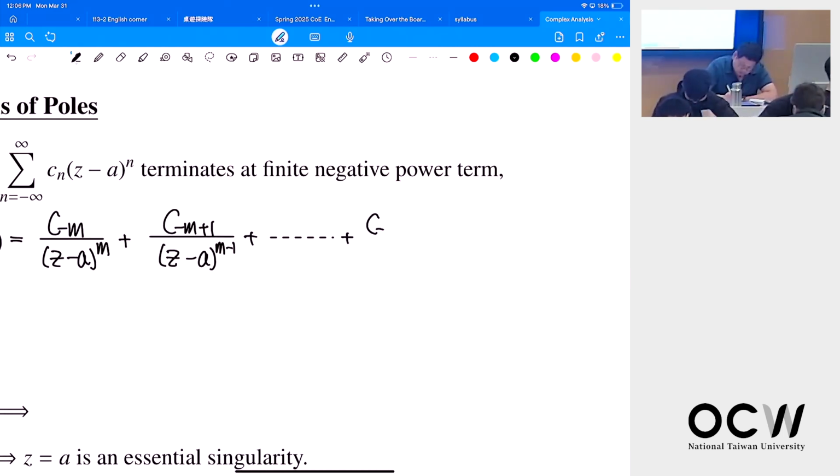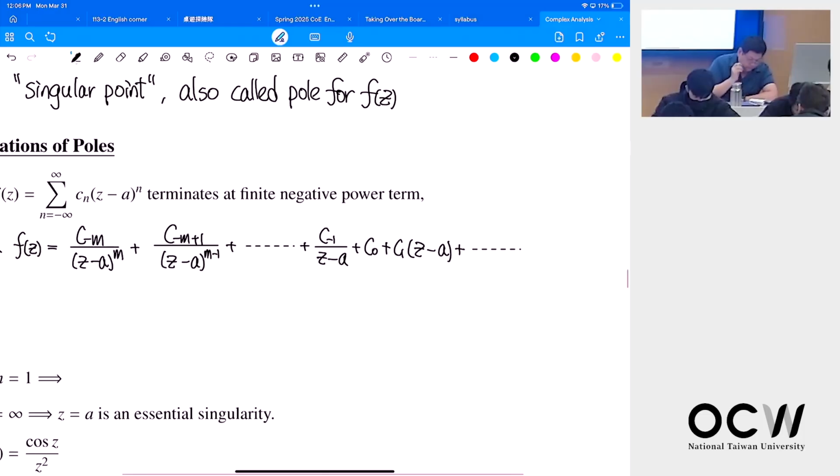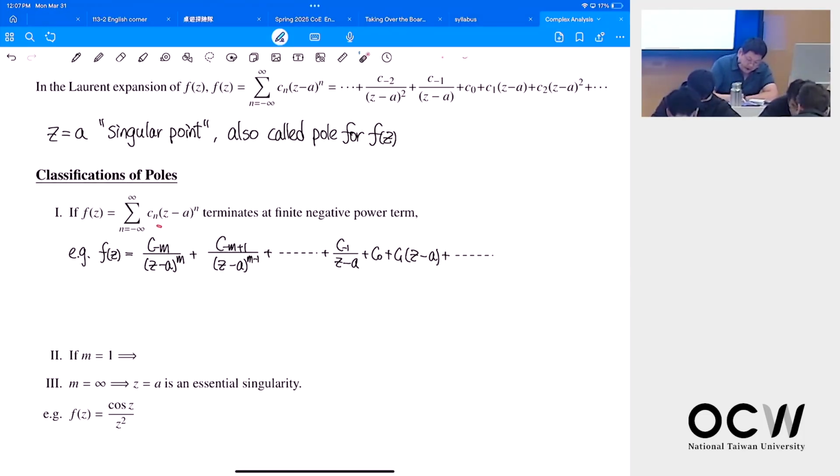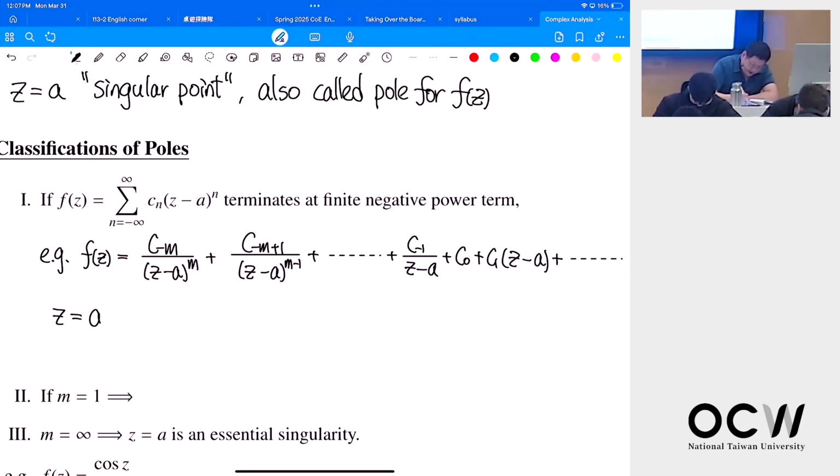c sub minus 1 divided by z minus a, plus c naught and c1 times (z minus a), and so on. Since we have (z minus a) to the mth power, we say z equals a is a pole of order m.